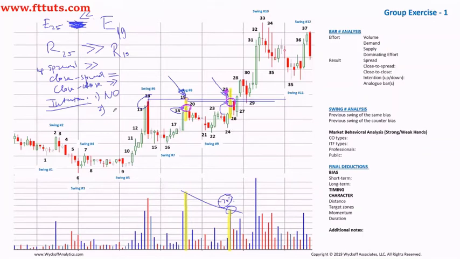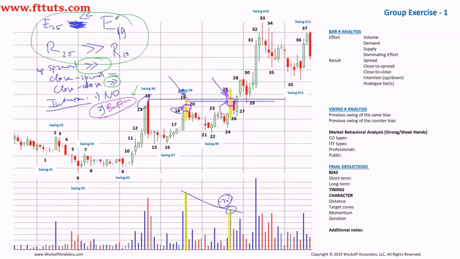So bar number 25 is behaving better on the intention than bar number 19. We're seeing a lot of bullish indications for bar number 25. Spread is better, close to close is better, and intention-wise, we almost were there.